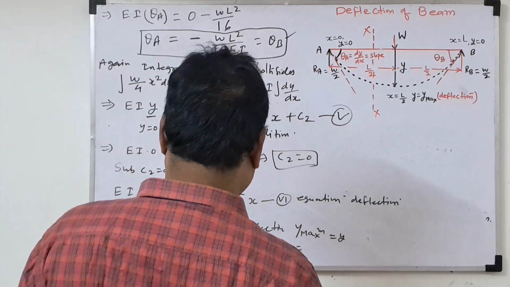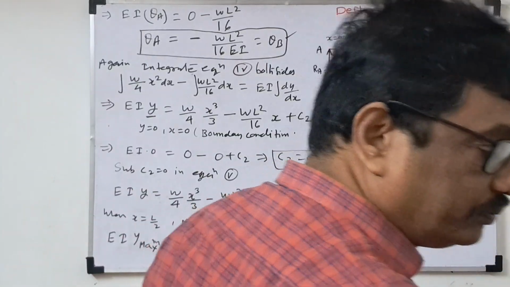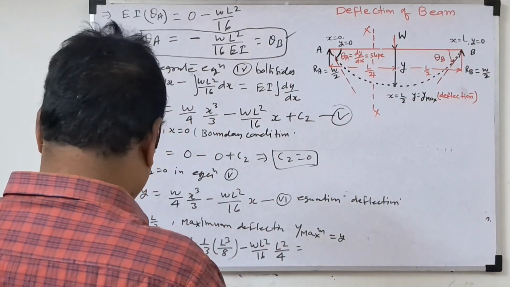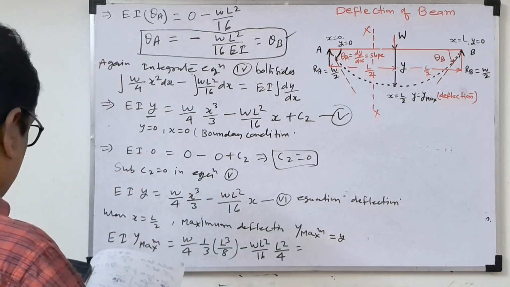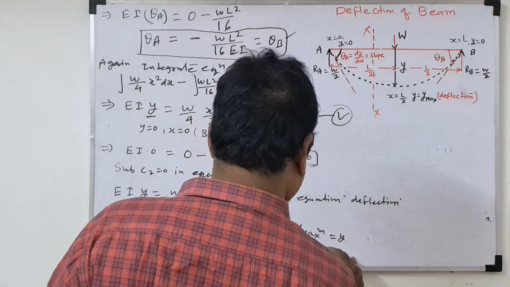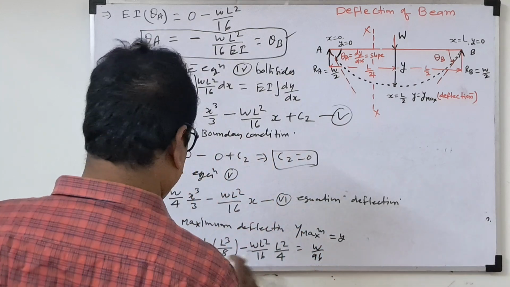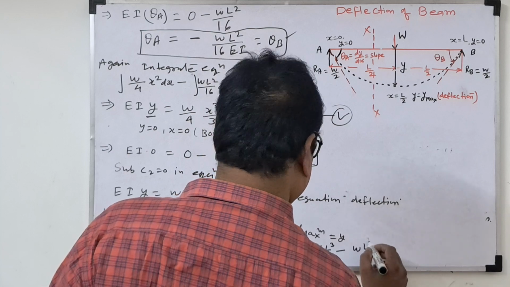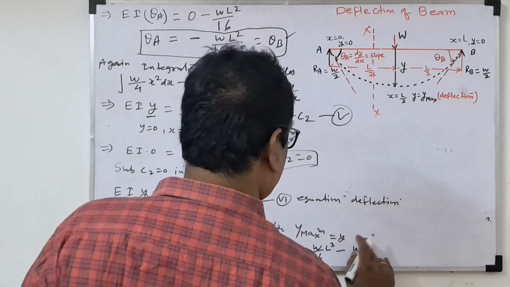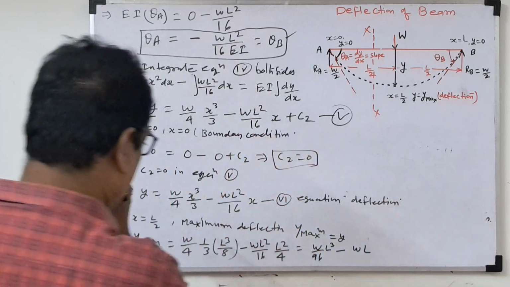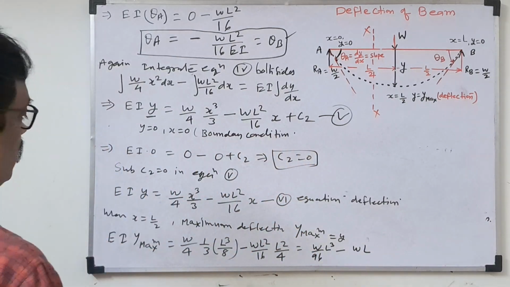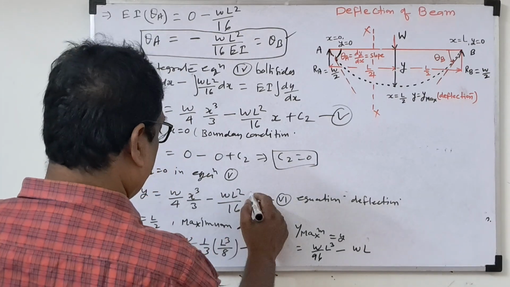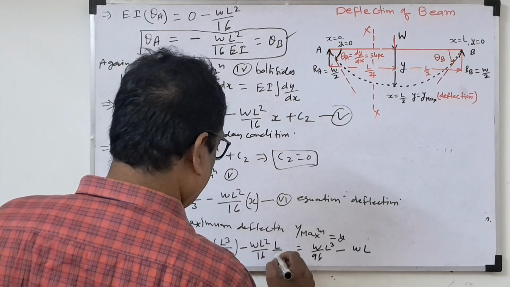How much are we getting here? 8 into 3 is 24, so 24 into 4 is 96. W by 96 L cube, minus WL square by 16, and here x is L by 2 only.